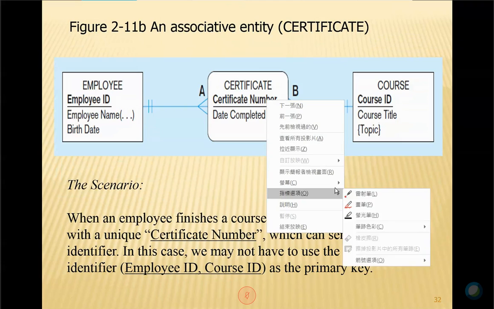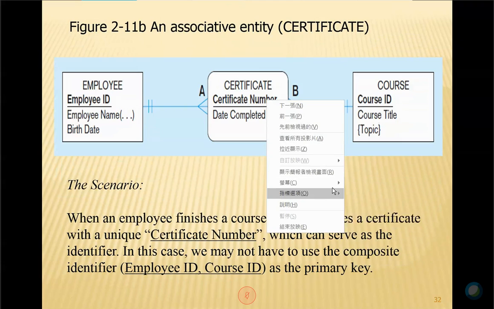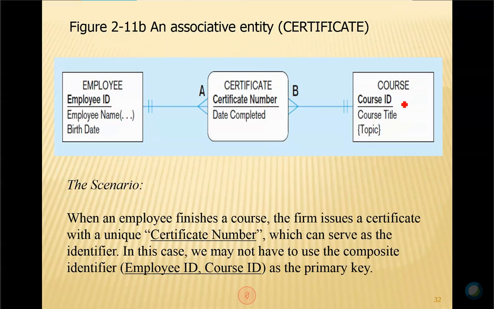Right here, rather than using the course ID and the employee ID as a composite primary key, I can create a new primary key called a certificate number. Because it's a unique number, no two certificates will have the same number. So it's like a VIN number or a social security number. I can use this one as a primary key. So this is an alternative to model a many-to-many relationship.